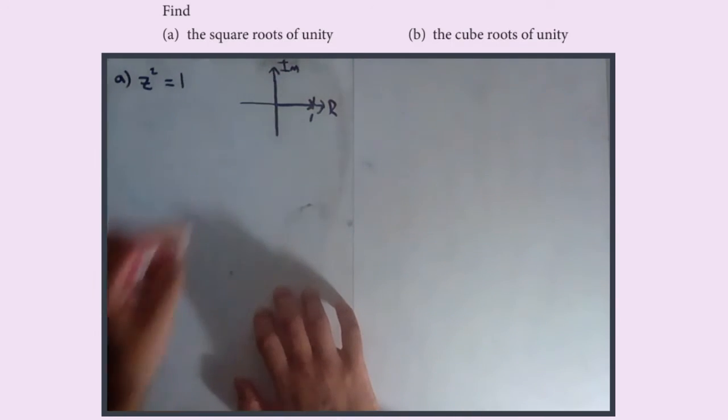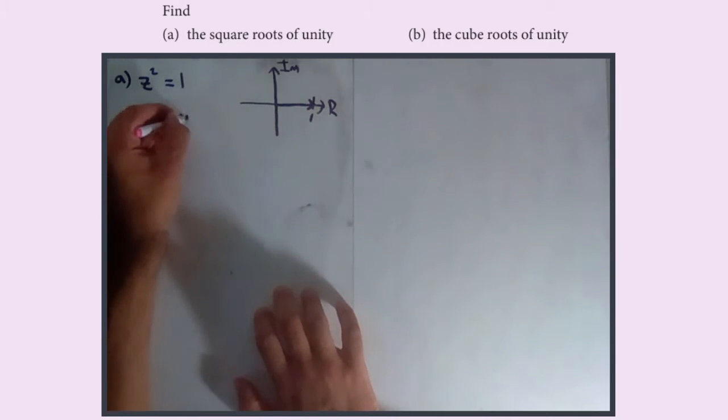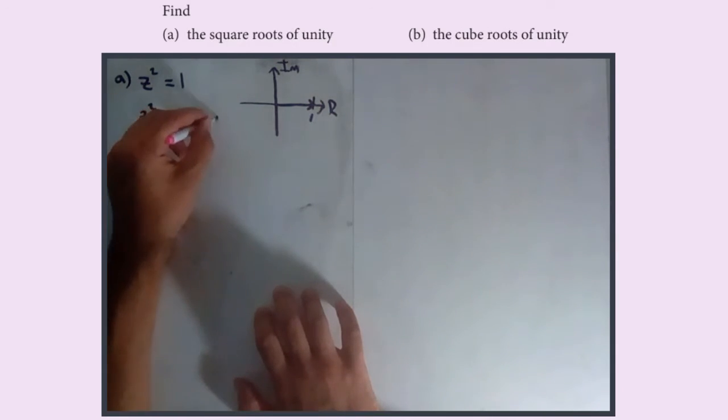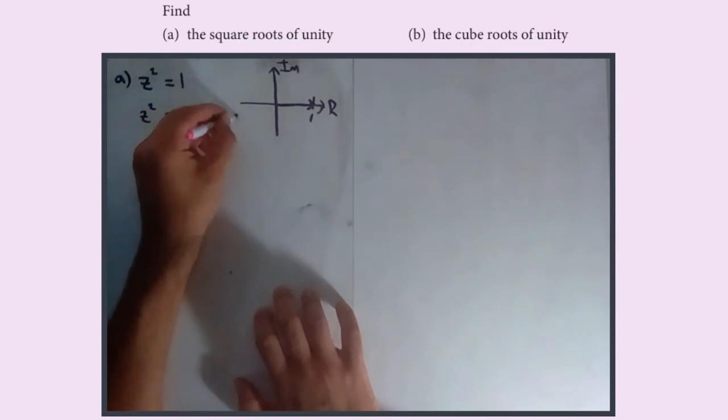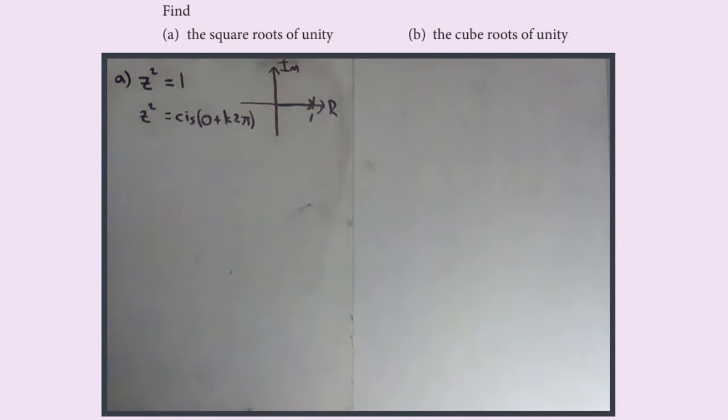The modulus is 1 and the argument is 0. So z squared equals cis of 0 plus k2 pi. Remember, if you don't include the k2 pi, then when you use De Moivre's theorem to find the square root of this, you're only going to get one answer. For a square root problem, there are 2 answers.